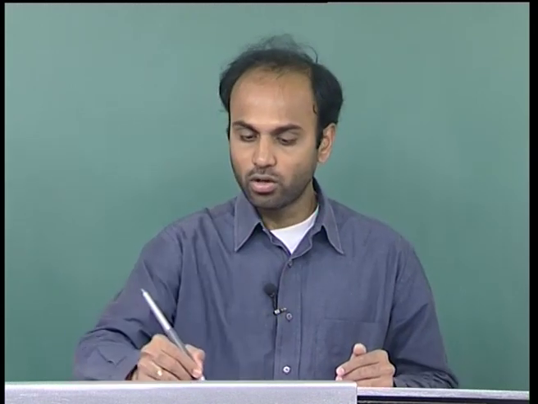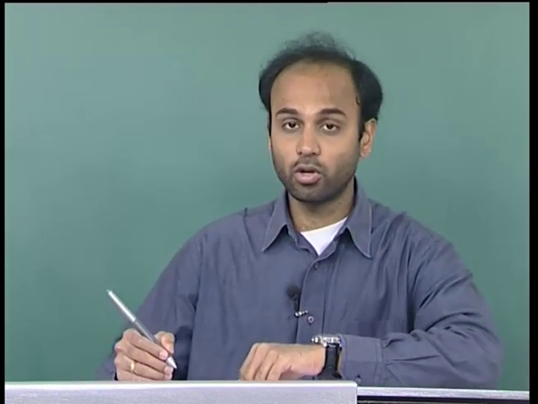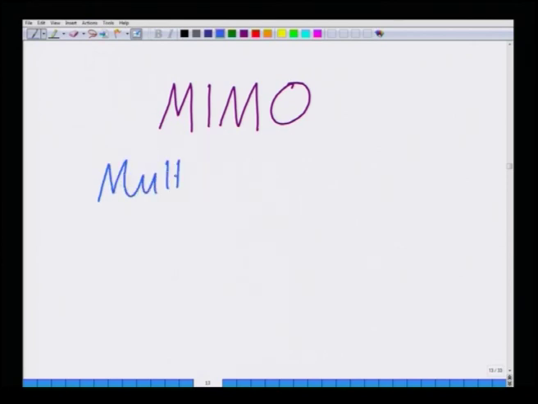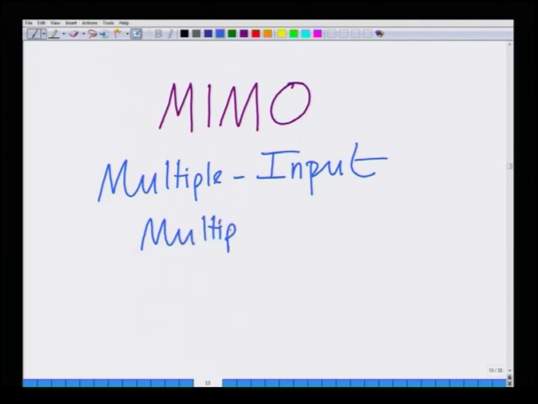So, with this we will move on to the next topic in this course, or the next module, that is a very important module, which is MIMO. It stands for multiple input multiple output.